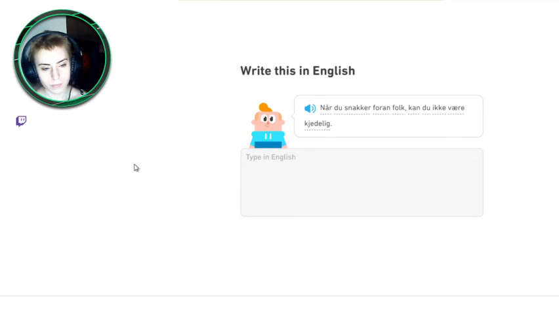Når du snakker foran folk, kan du ikke være kjedelig. This is a compound sentence without a joining word, just folk kan. So kan is, this is the first part and this is the second place, so kan goes there.